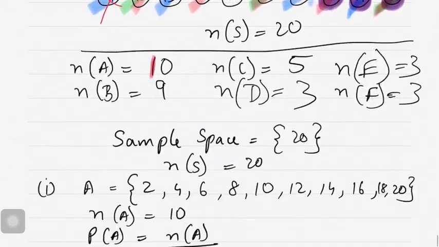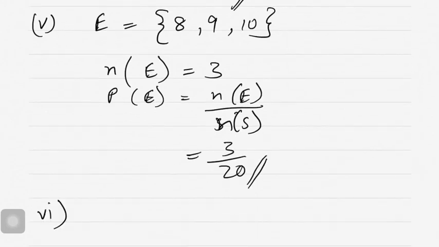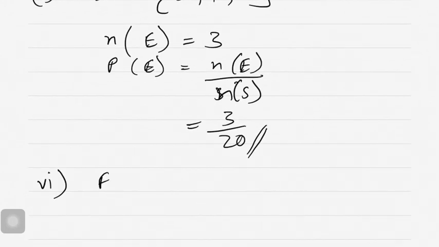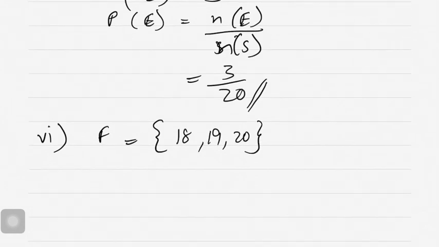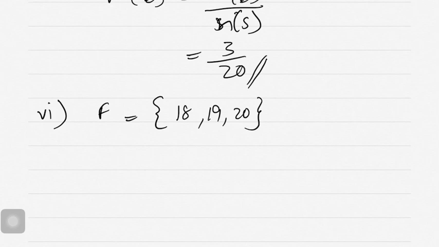Now sixth part, greater than 17. So my F is 18, 19 and 20.